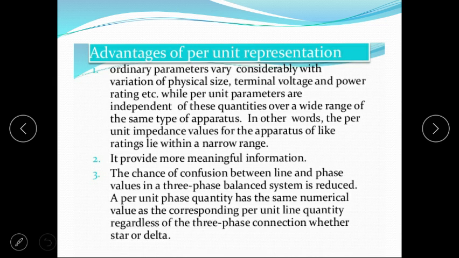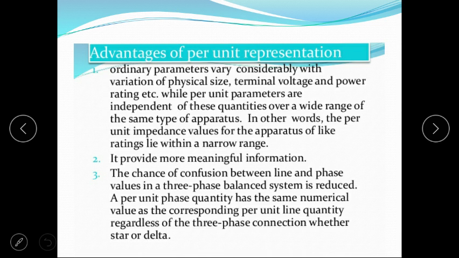Third is, the chance of confusing between line and phase values in a three-phase balanced system is reduced. A per unit phase quantity has the same numerical value as the corresponding per unit line quantity regardless of the three-phase connection, whether star or delta.